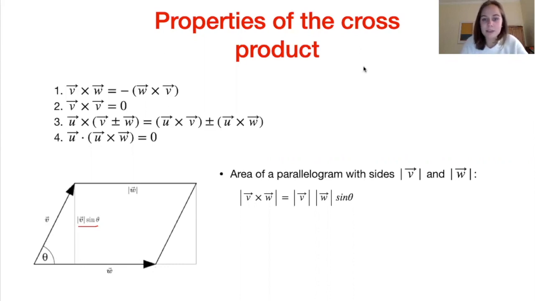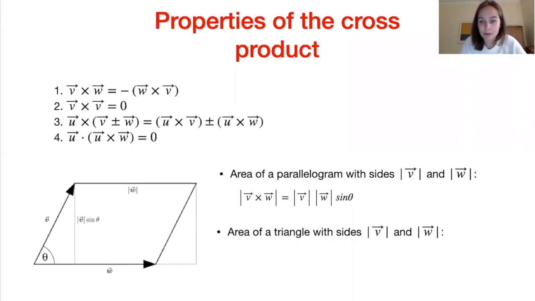Now, that's important to remember, and it's also important to remember what we can deduce from that, which is that the area of a triangle with sides V and W is therefore half of this magnitude.